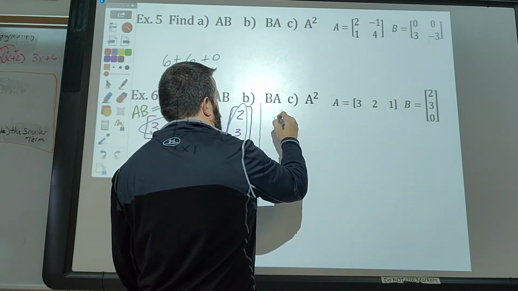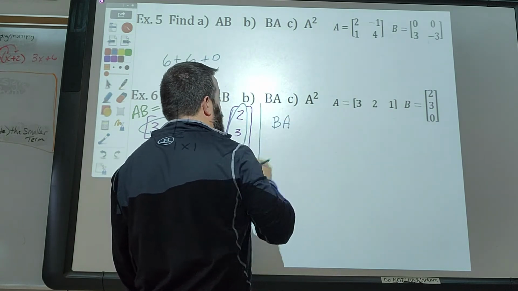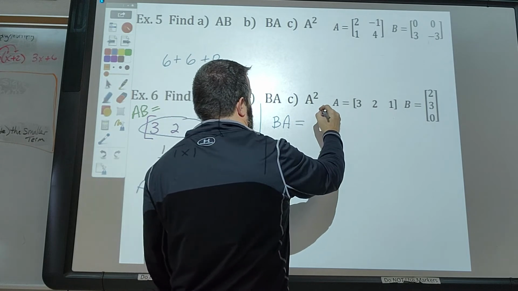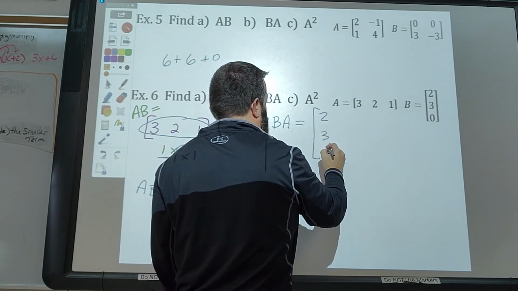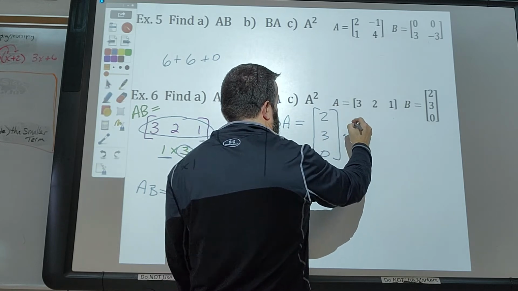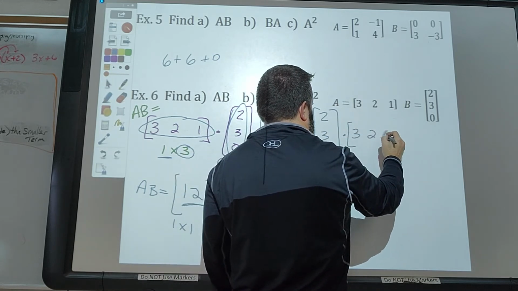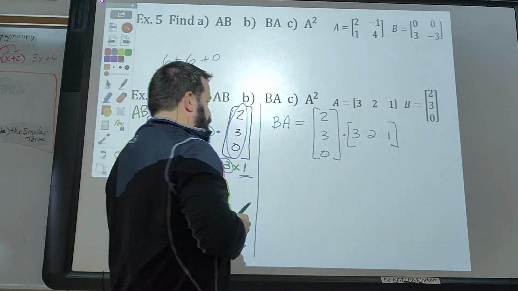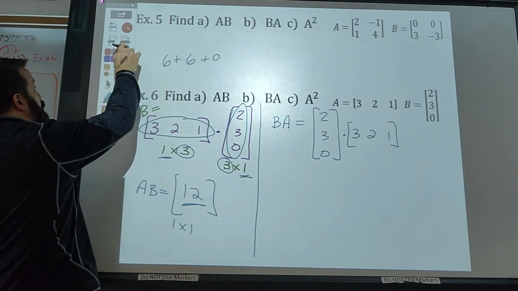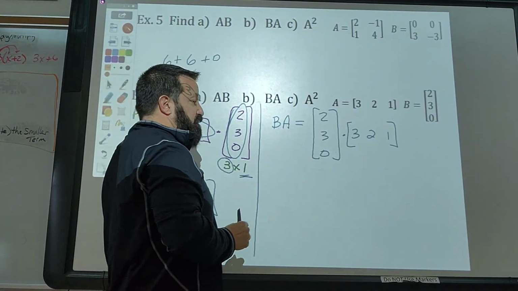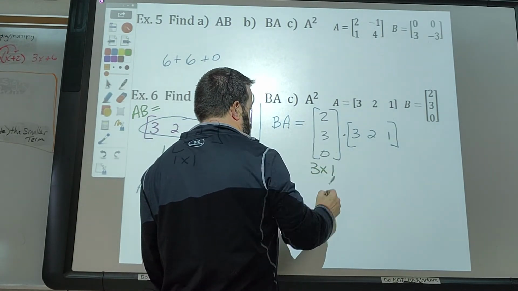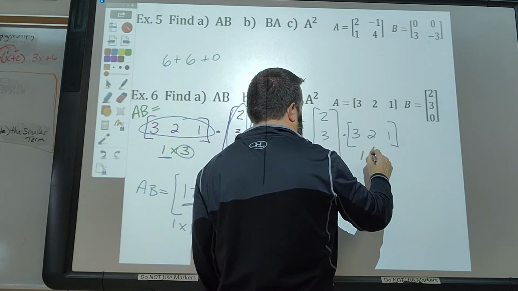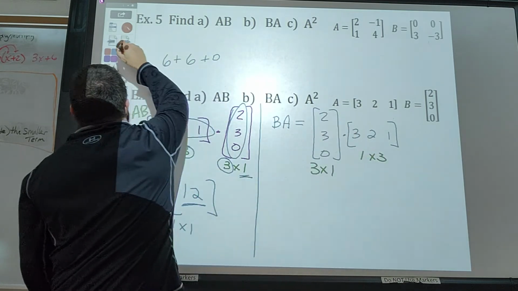All right, so then the second one, B times A. Same 2 matrices, but I switched the order around. So now I'm taking 2, 3, 0, and multiplying it by 3, 2, 1. Again, the first thing I have to do after writing them down is determine whether this is even possible. Again, this has 3 rows and 1 column. This has 1 row and 3 columns.